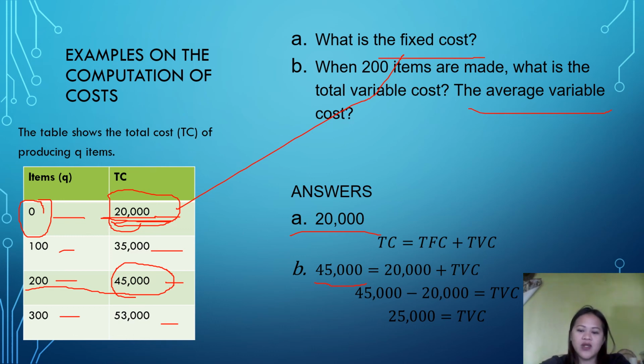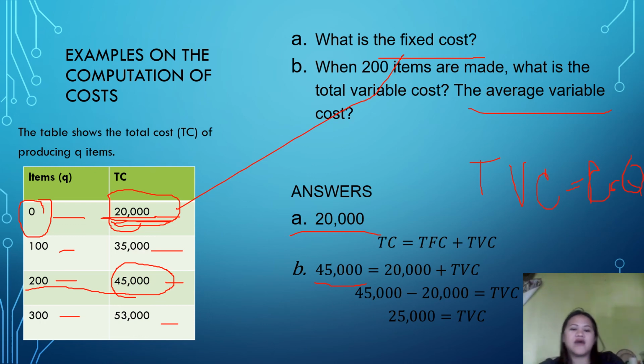Total variable cost could be derived by, how do we derive your total variable cost? That is the cost of the quantity times the output. That is considered to be the total variable cost.